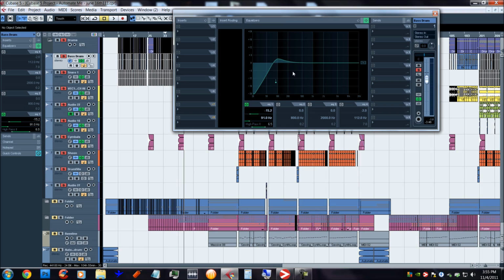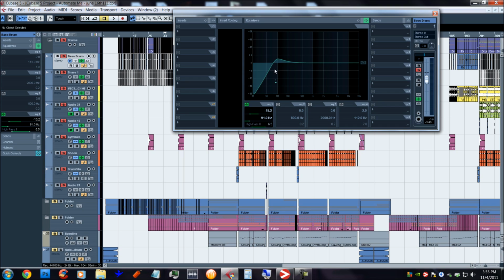So the reason why I'm cutting the bass drum at 91, but really it's peaking around 80, is so it doesn't conflict with other things that the bass drum sample by itself, without being high passed, would conflict with, i.e. a bass line.